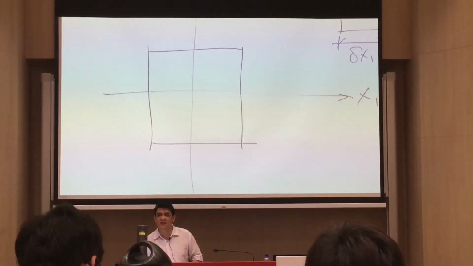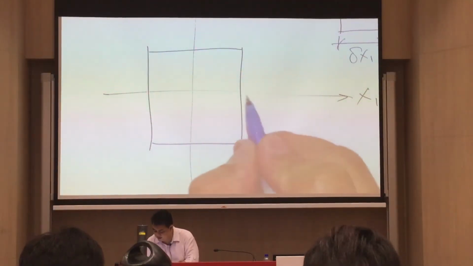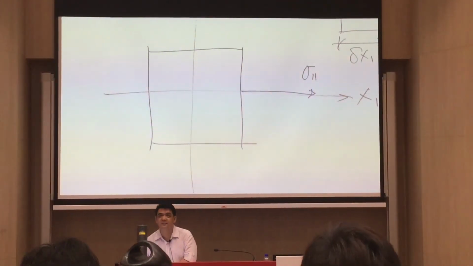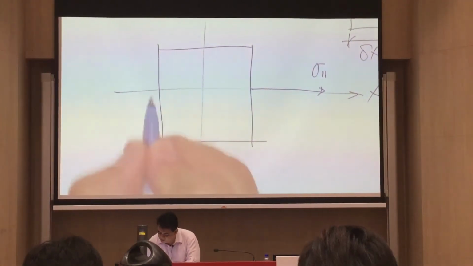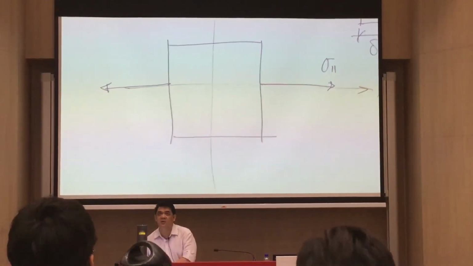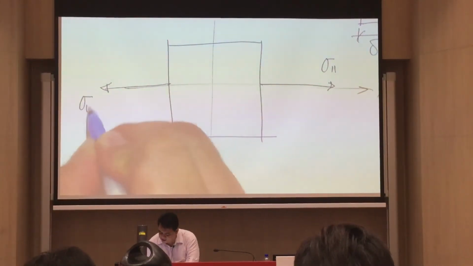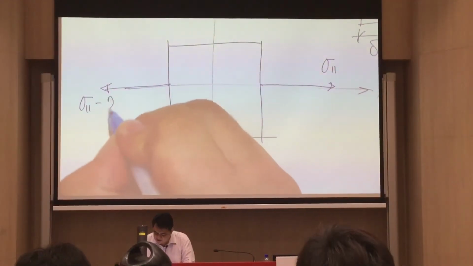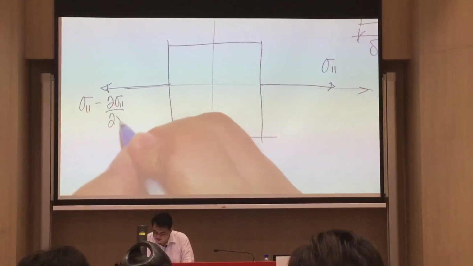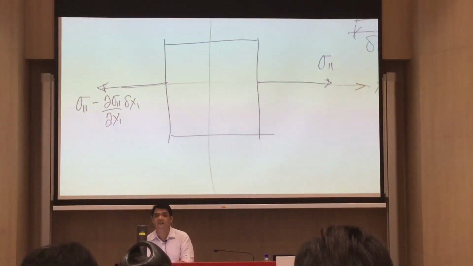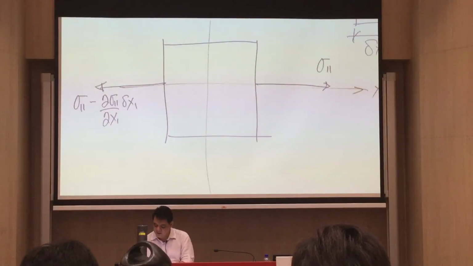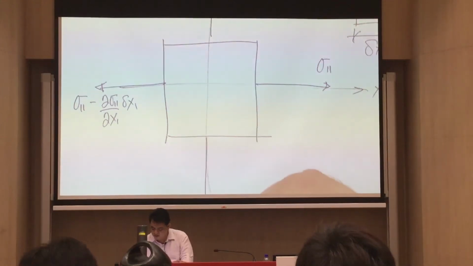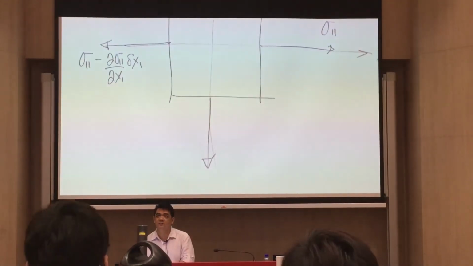Now, what are the stresses acting on this one again? So we have here, say, sigma 1,1. And then we have another stress here. Again, we were able to identify this one as sigma 1,1 minus the partial derivative of sigma 1,1 with respect to x1, delta x1. So you've done that already. And then we have here sigma 2,2, and this one will be the same.